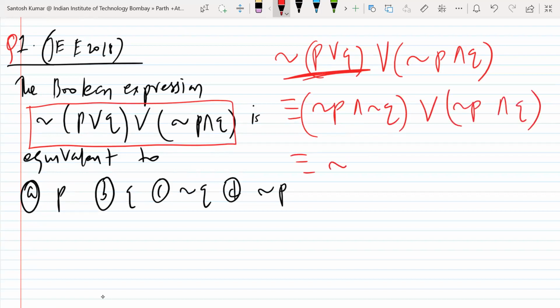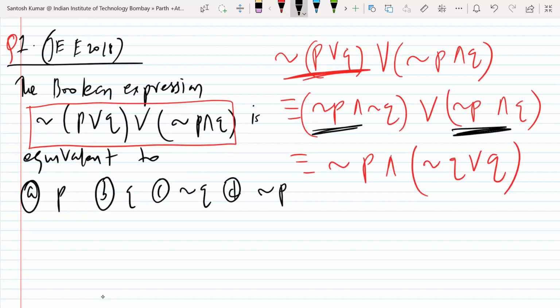Now take not P common, and you have (not Q or Q). See what I'm doing: I took negation P outside, and here we have negation Q or Q. This is the distributive law, you can apply it. Now negation P and (not Q or Q).